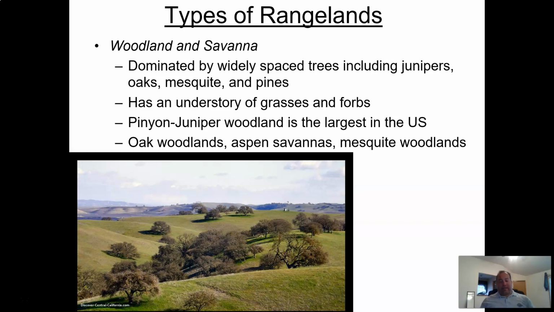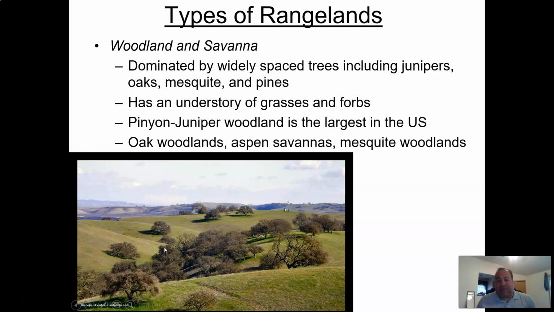But basically, it's these areas that have the understory of grasses and forbs with the overstory of trees, but not enough trees to make up a forest, a really discontiguous group of trees.